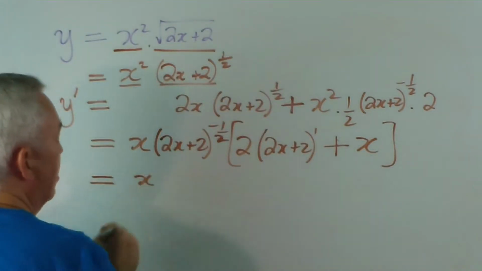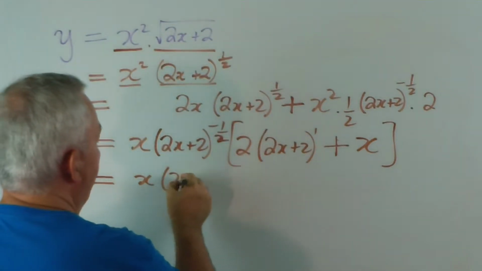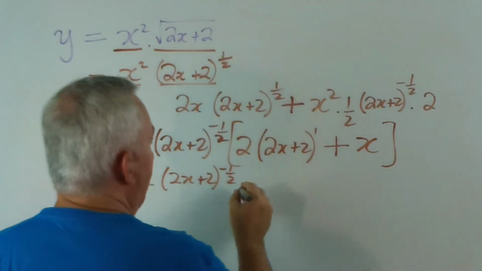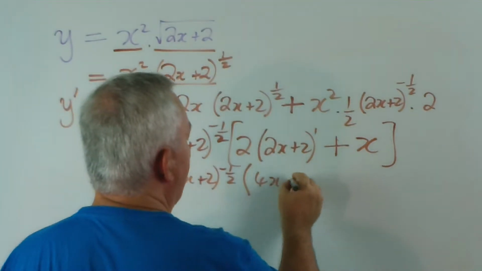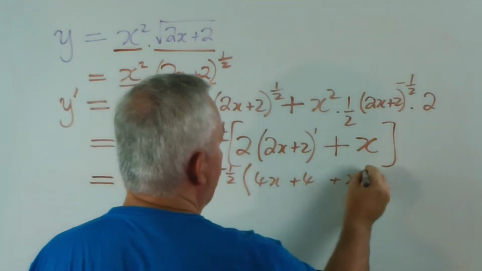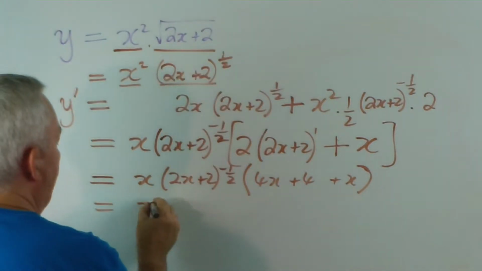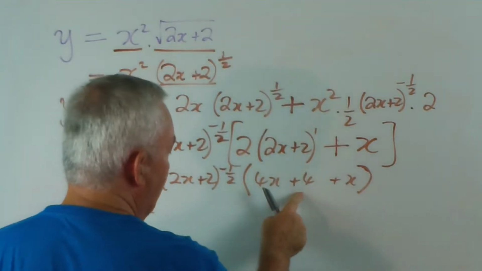This looks a bit nicer than the previous question in the last video. 2x plus 2 to the negative 1/2. And this is going to be 4x plus 4 plus x. Now, x is nice and simple. Of these two, this is the next simplest.